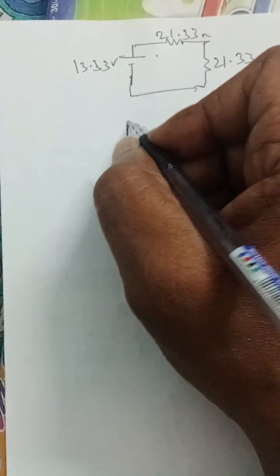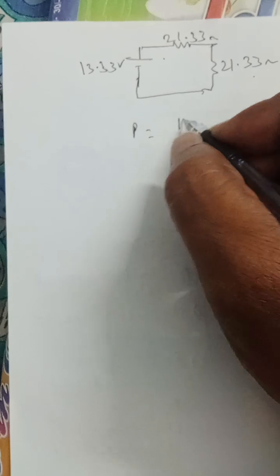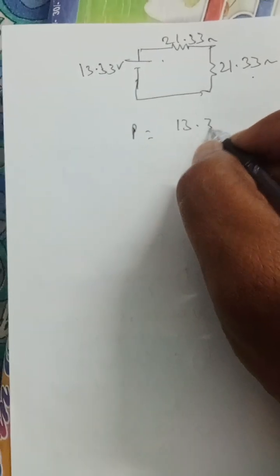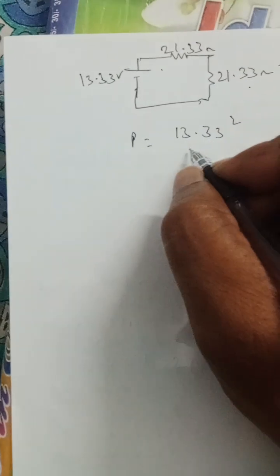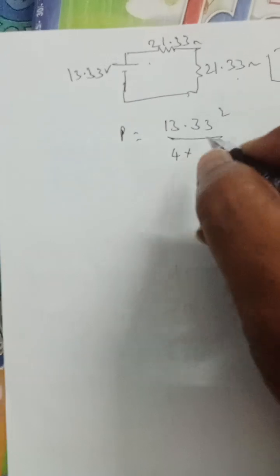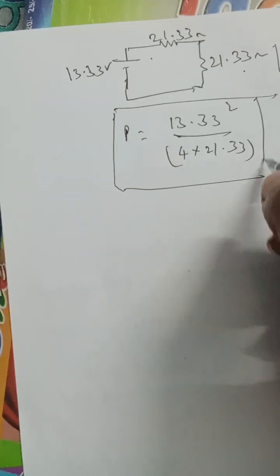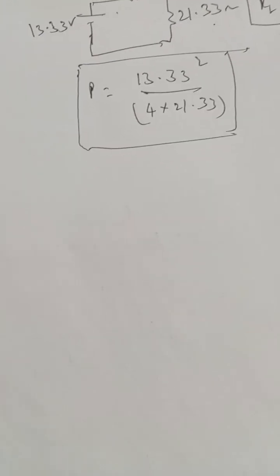RL equal to R Thevenin. Okay. So now power P equal to V Thevenin square by 4 into 21.33. So this is the maximum power transferred from the source to the load.